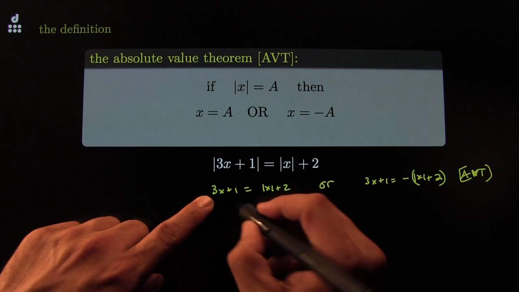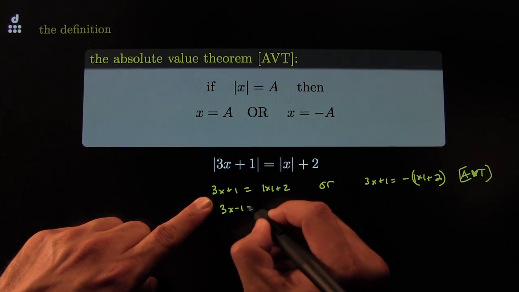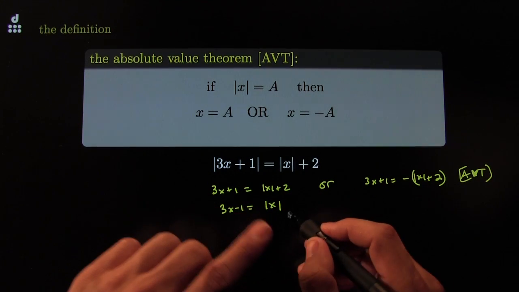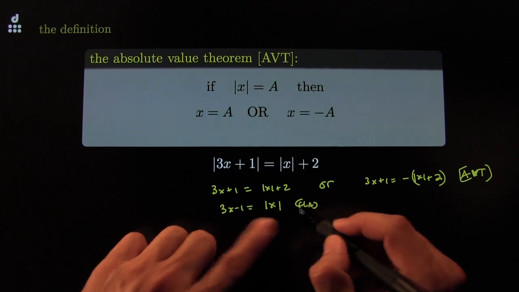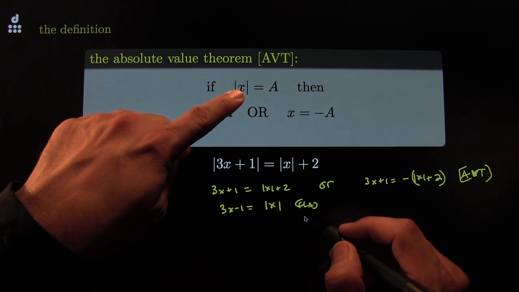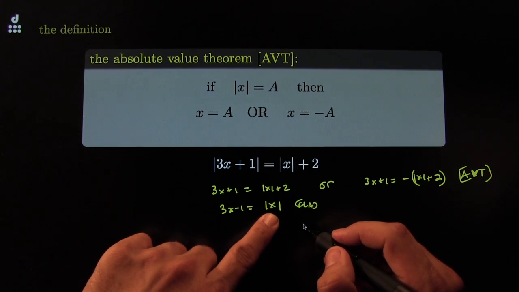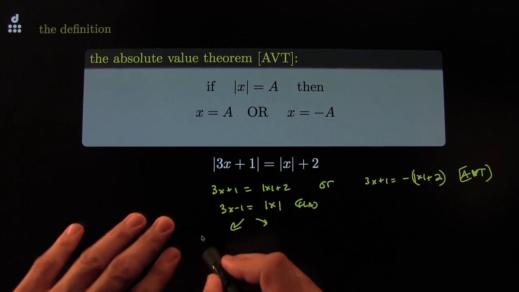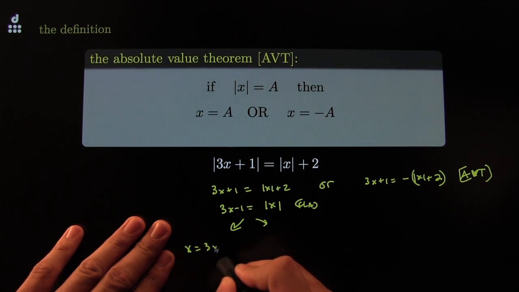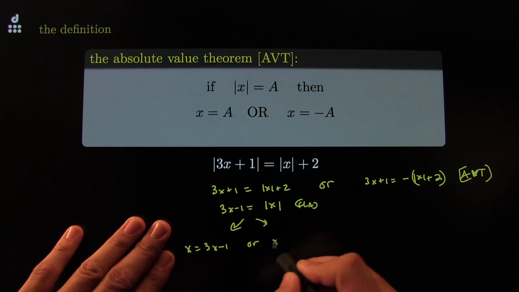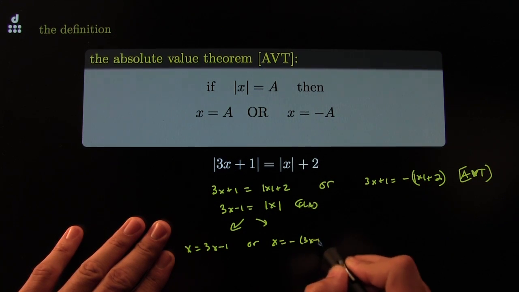What you could do is subtract a 2 from both sides, and you have 3x minus 1 is equal to the absolute value of x. Cancellation law of addition. And here you could use the AVT again to get rid of that absolute value. So this would split up into two pieces: x equals 3x minus 1, or x equals negative 3x minus 1.